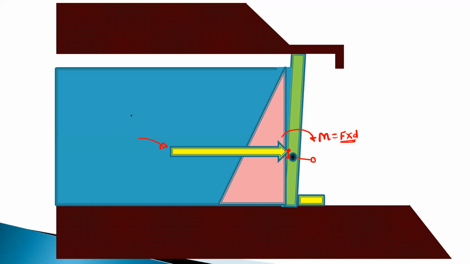So this is called the equivalent force, or we can say it is the point load due to UVL, that is the uniformly varying load. So this is called the uniformly varying load. This uniformly varying load represents the pressure variation from the topmost point to the bottommost point.